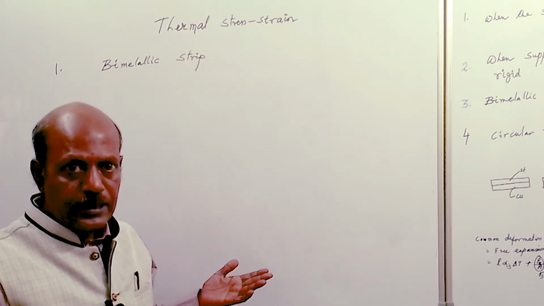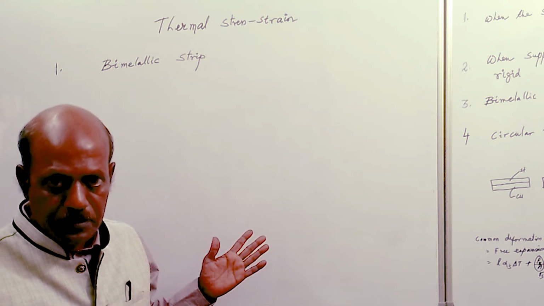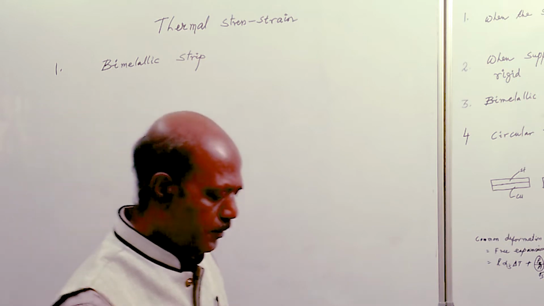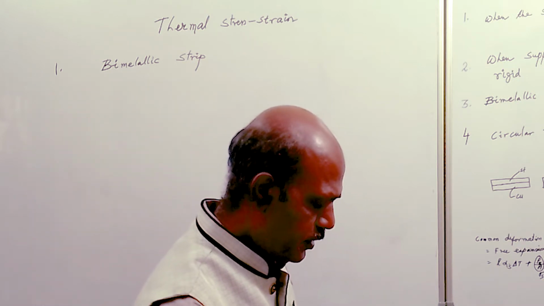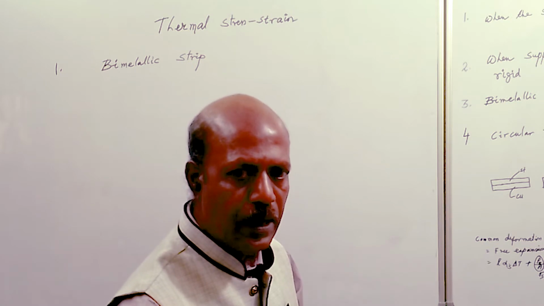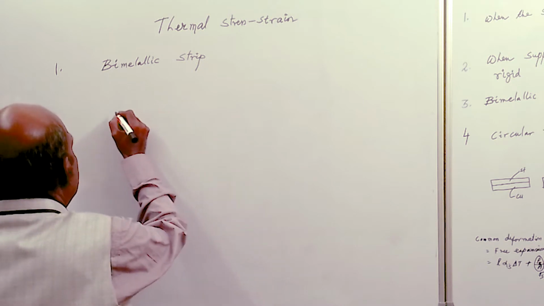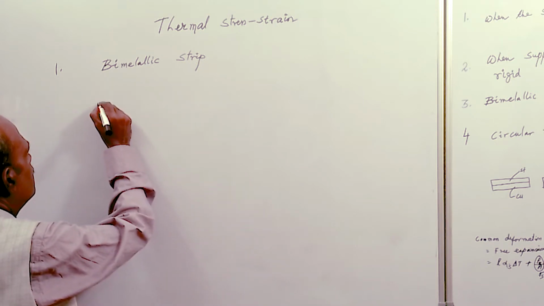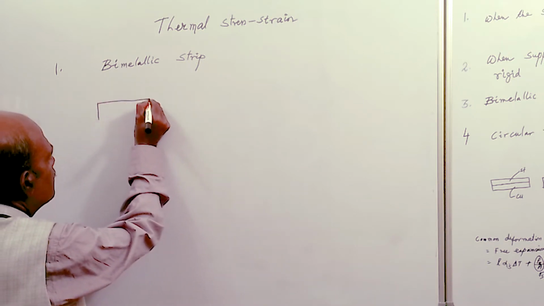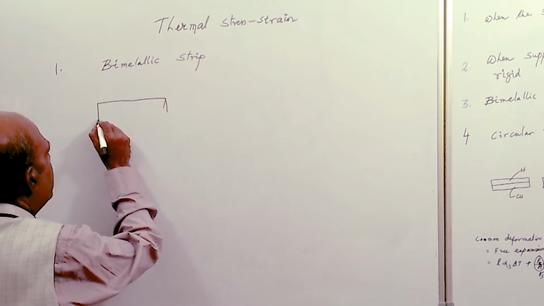So what is the stress and strain developed in a bimetallic strip? Let a bimetallic strip be made of two materials, say copper and steel. Consider a bimetallic strip, or two plates rigidly fixed at the ends.